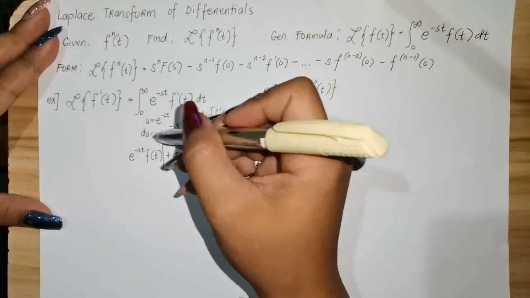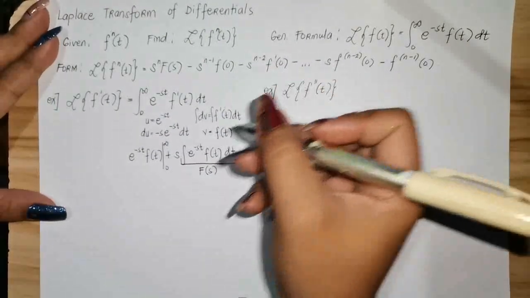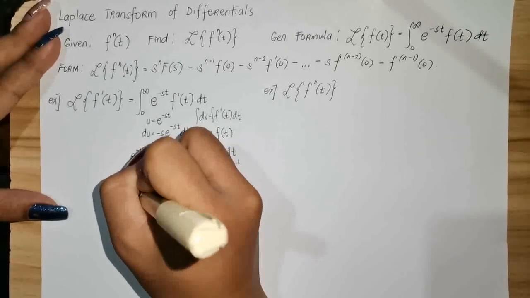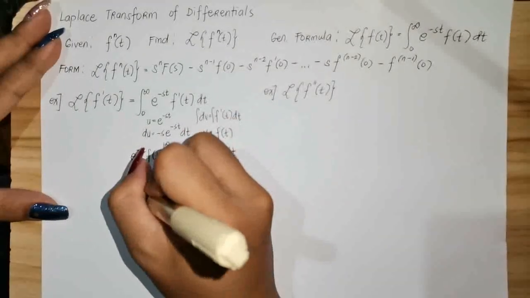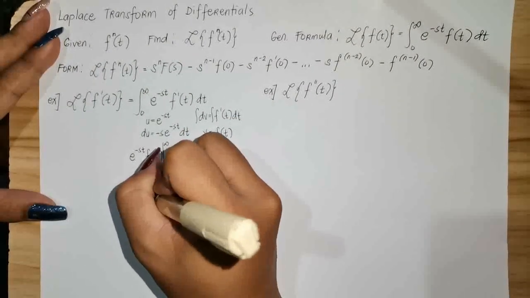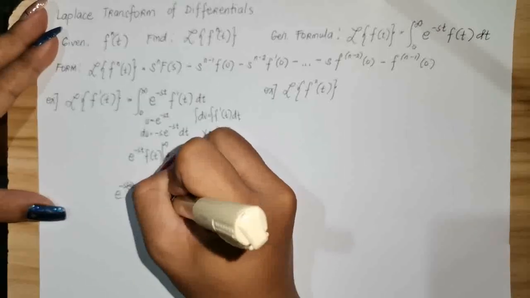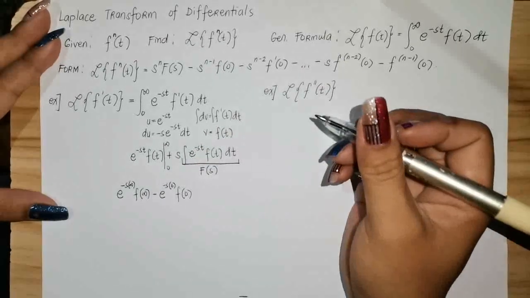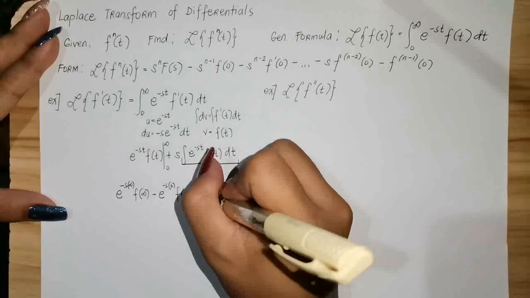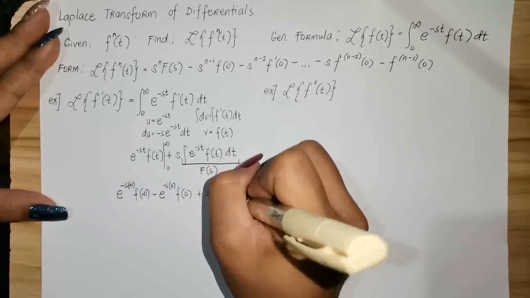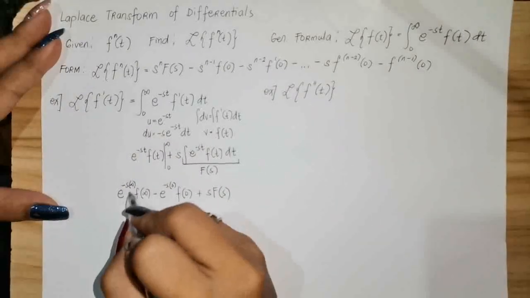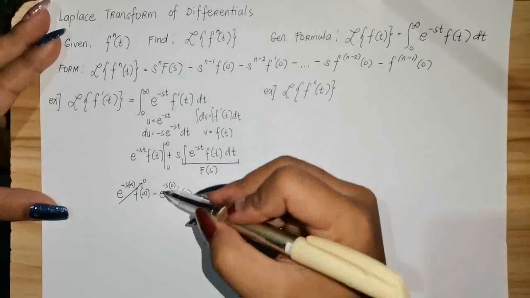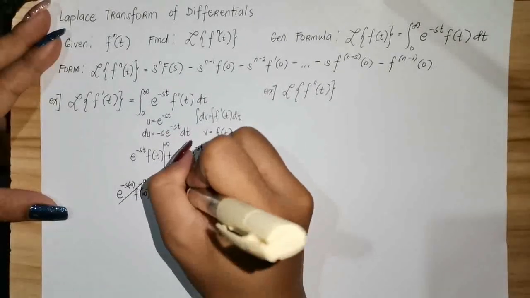Now, evaluating this from 0 to infinity, we will have e raised to negative s multiplied by infinity, then f of infinity, minus e raised to negative s multiplied by 0, then f of 0, plus s multiplied by F of s. So e raised to negative infinity is equivalent to 0, then e raised to 0 is equivalent to 1.